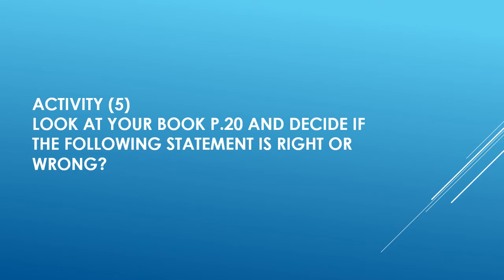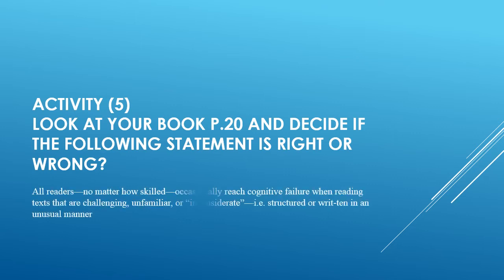Activity 5. Look at your book, page 20, and decide if the following statement is right or wrong. All readers, no matter how skilled, occasionally reach cognitive failure when reading texts that are challenging, unfamiliar, inconsiderately structured, or written in an unusual manner.